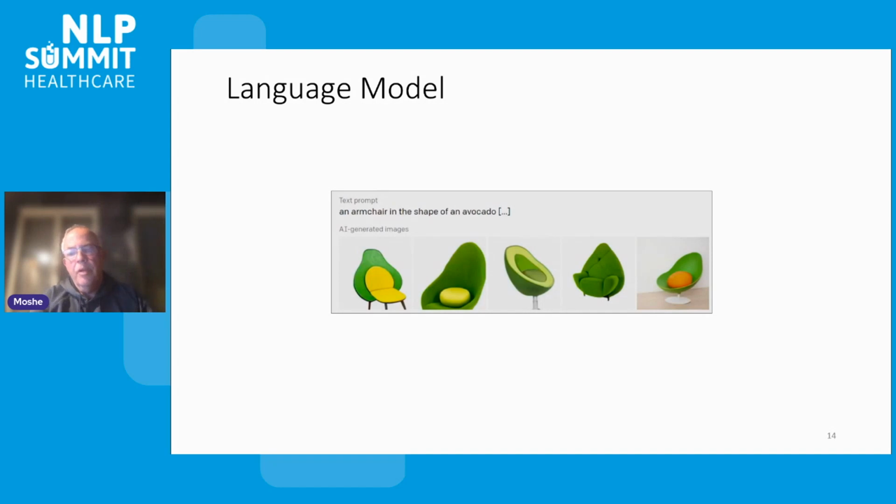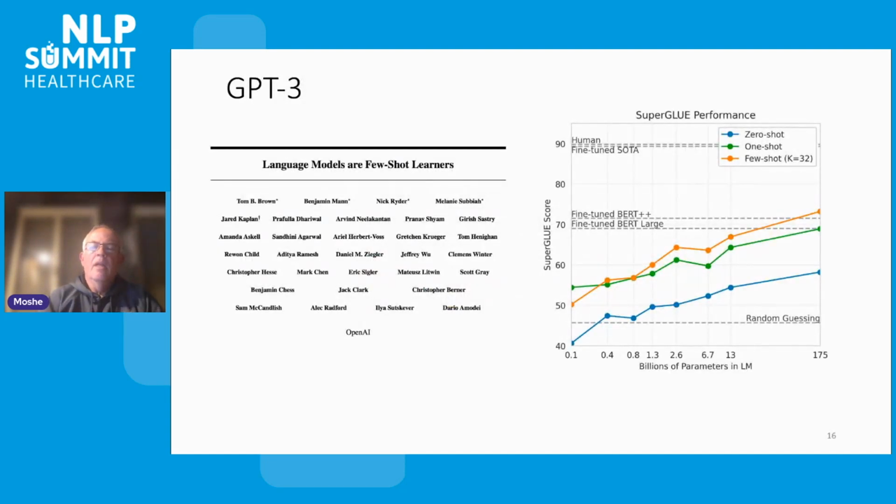Now the question is how we can utilize those large models for learning to classify documents in low resource settings. When the GPT-3 paper came out, the paper headline was "Language Models Are Few-Shot Learners."